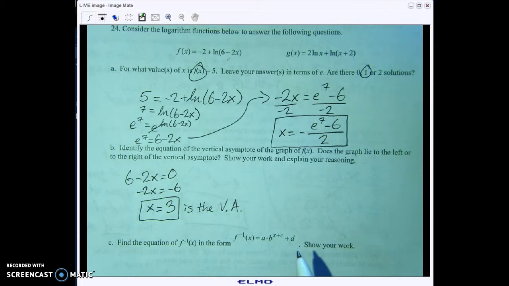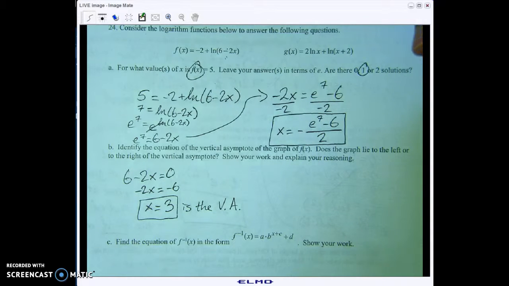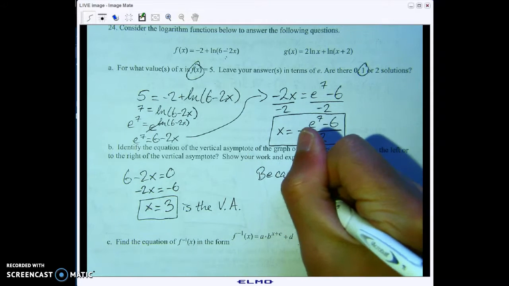Does the graph lie to the left or to the right of the vertical asymptote? Well, because the argument has a negative sitting right there in front of the variable, we know that the values are going to lie to the left of our vertical asymptote. And that's essentially all the reasoning we need.